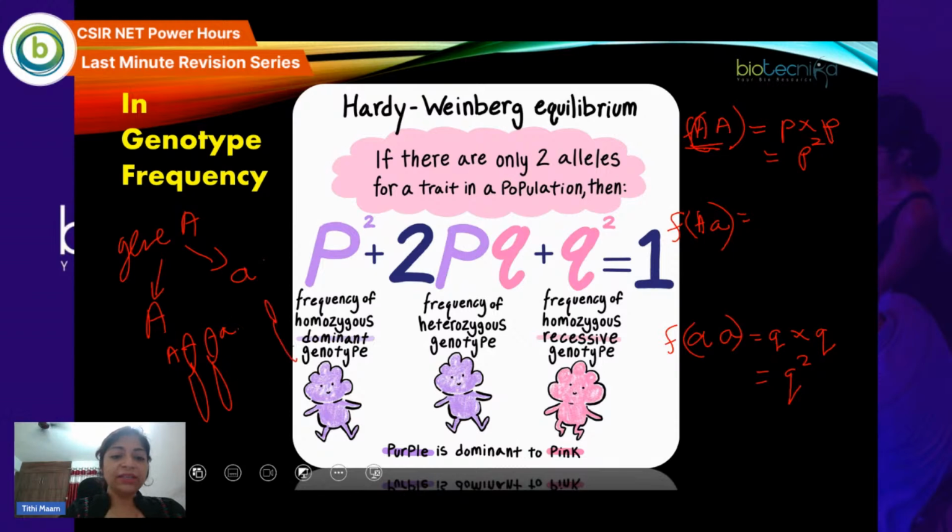Similarly, if another individual has this combination where this chromosome has small a and the other chromosome has capital A, he is equally a heterozygote, right? So there are 2 combinations in which heterozygotes can occur. One is p with q, the other is q with p. That's why the frequency of heterozygote becomes 2pq. Do you all follow?